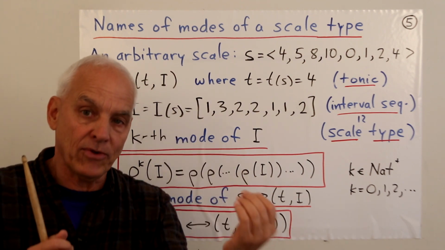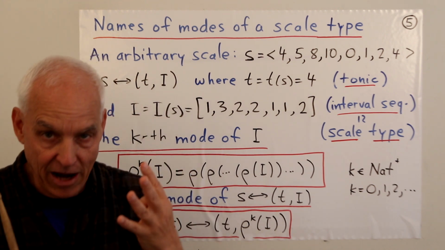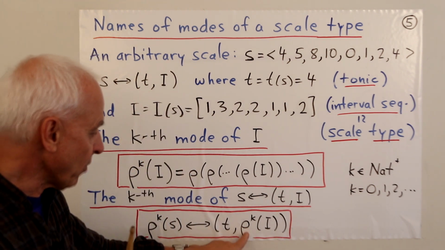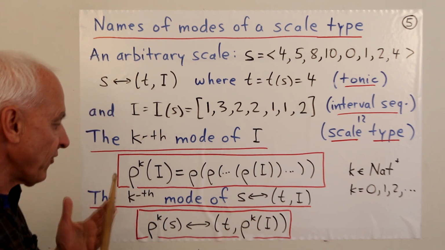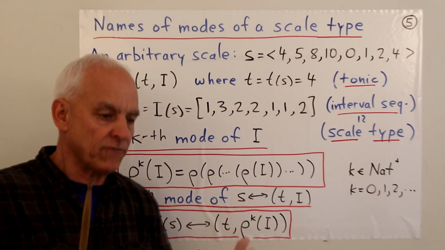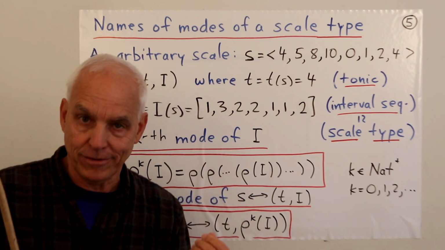But the interval sequence now is rotated k times, so we're taking rho to the k of I. All right, so this gives us a uniform way of talking about modes of a general scale.